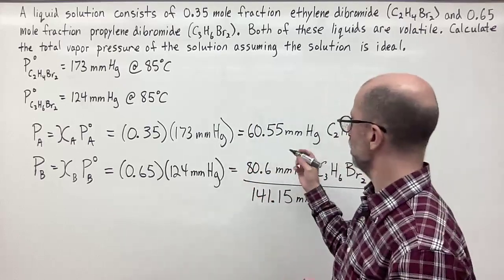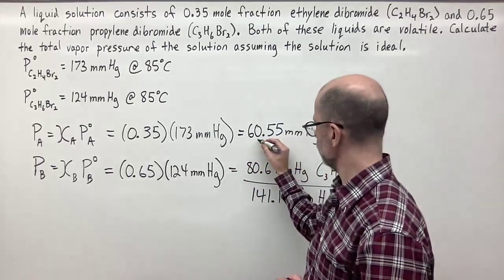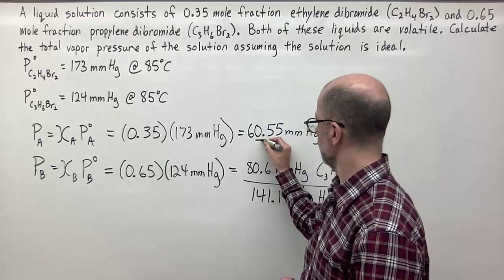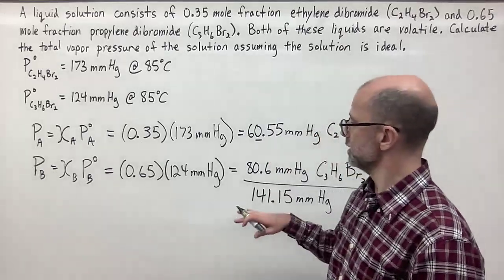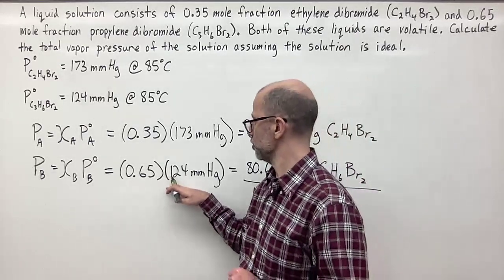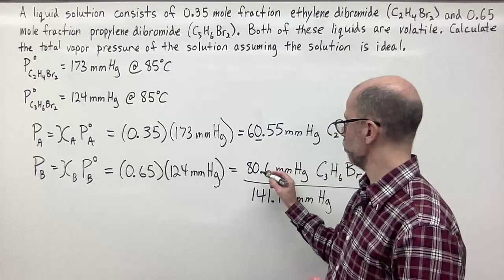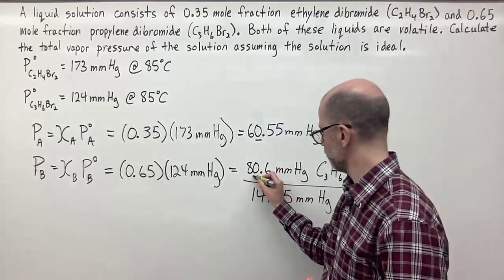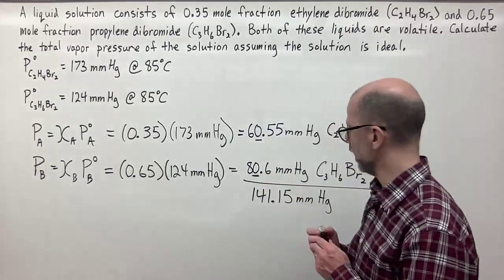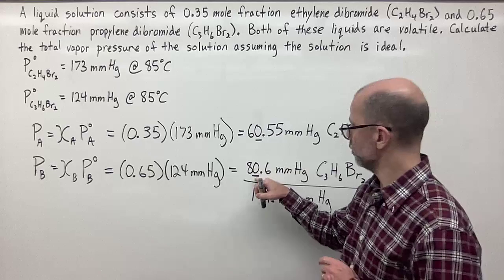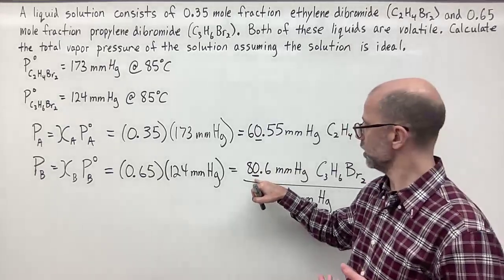So the final sig fig in here is going to be in the ones place. Same thing here. You multiply these together. This should have 2 sig figs. So our final answer there, the last sig fig is in the ones place.